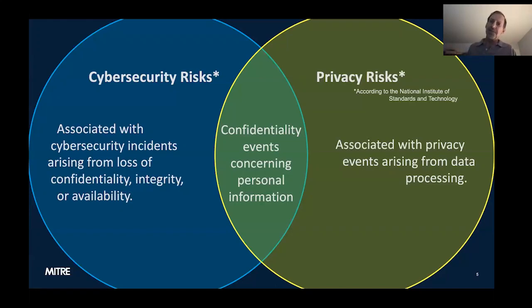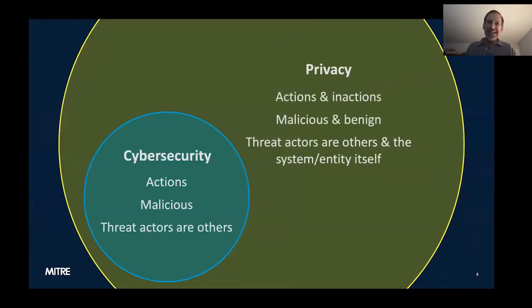So what we're focusing on, what I'm going to be focusing on here, is basically that Pac-Man shape at the right when you remove all of the cybersecurity risk bubble. Now, if you're talking about threats, well, there's some important distinctions there between cybersecurity and privacy.